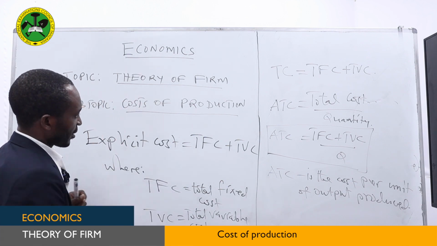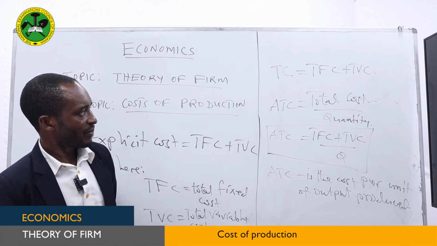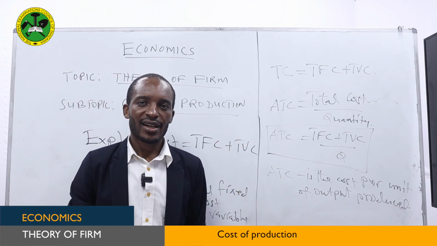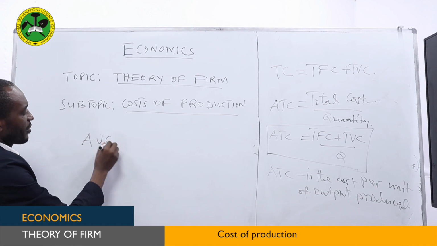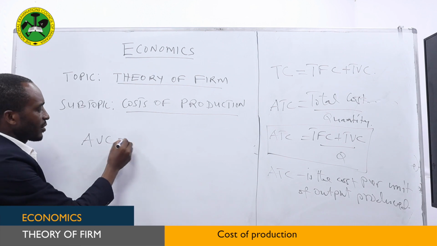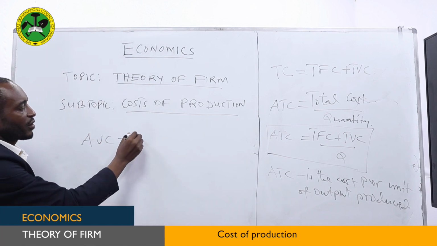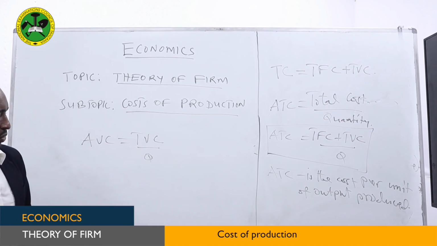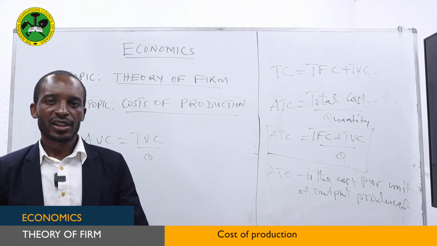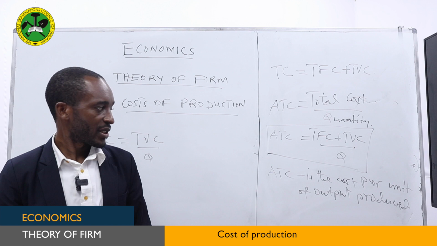Another concept we need to discuss is average variable cost. Average variable cost is obtained by taking the total variable cost divided by Q. So you take the total variable cost and divide by the quantity which is produced.